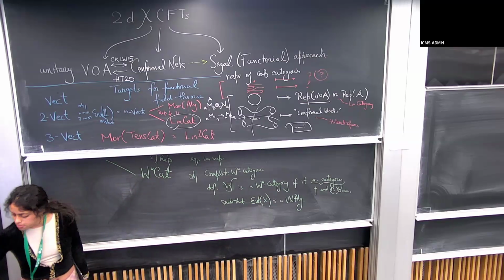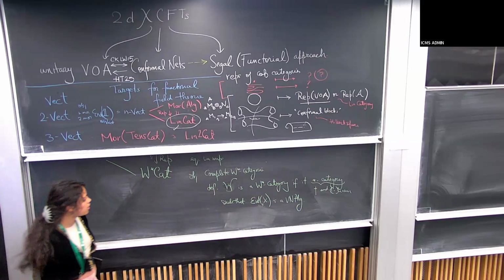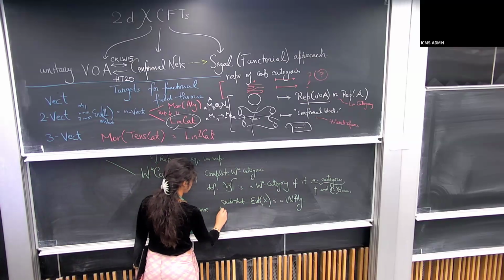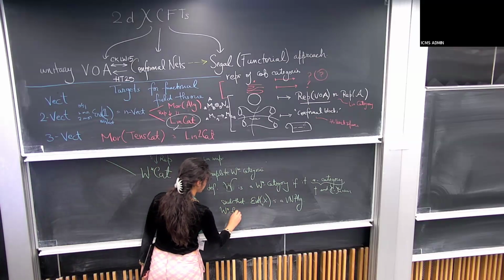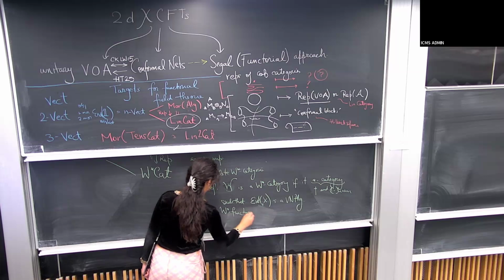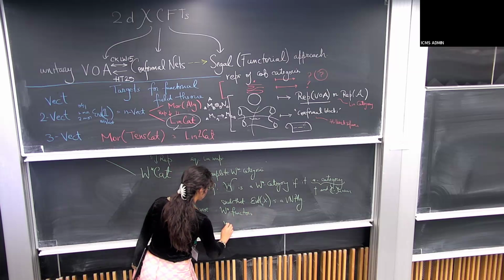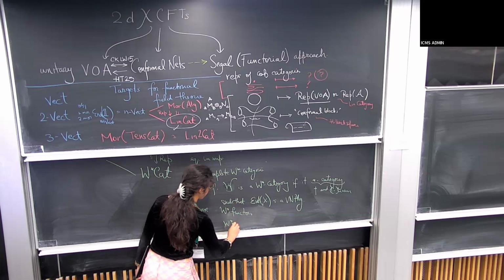Okay. So the W*Cat objects are complete W* categories. One-morphisms are what are called W* functors, and two-morphisms again, I'll just say W* or just star natural transformations.